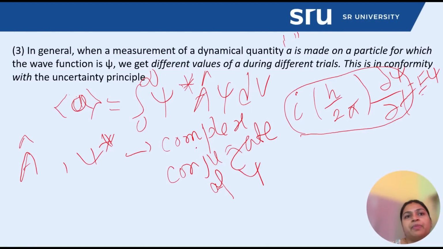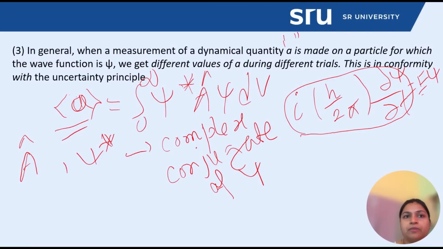The quantity A is called the expectation value of operator A, that is, the value of A obtained in the majority of trials.